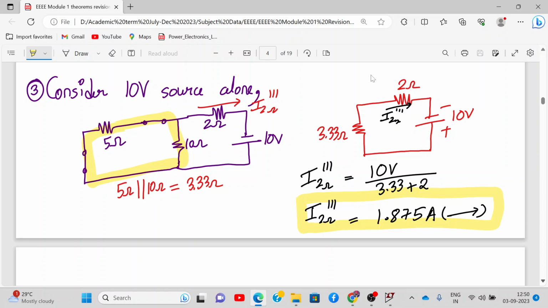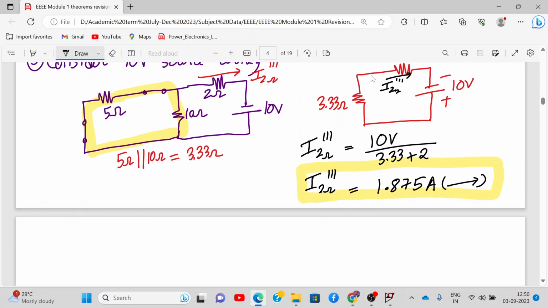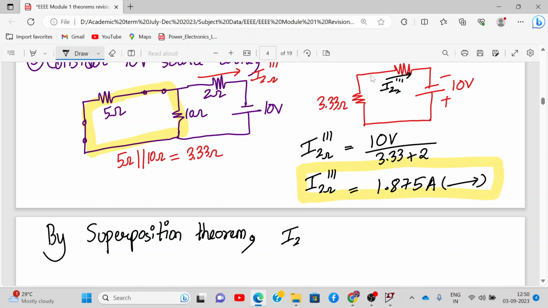Okay. So now it's still not over. You'll get the remaining marks by writing the superposition theorem. What is I2? I2 dash plus I2 double dash plus I2 triple dash. How much was I2 dash? 5 ampere, right?